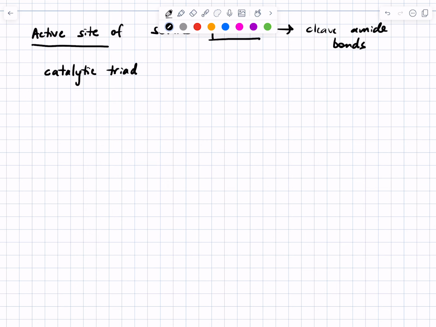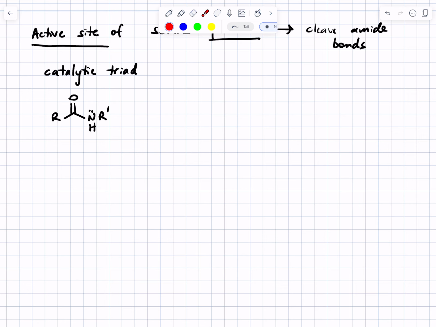Now let's just look at an amide bond. We've told you before that amides are really stable, and that is because NHR minus is a terrible leaving group, and because the amide nitrogen lone pairs are donating electron density into the carbonyl carbon via resonance and making it not very electron poor.